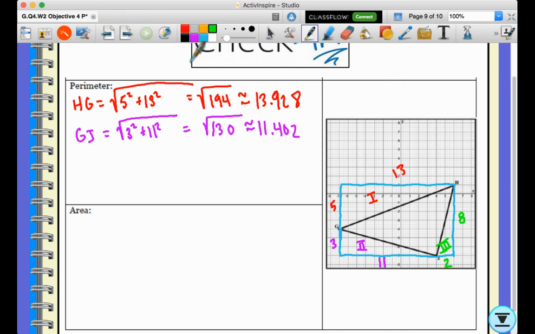And then my last side of my triangle is HJ, yes. And that is the square root of 8 squared plus 2 squared. 64 plus 4, it's the square root of 68, which is approximately 8.246. Scalene triangle. All 3 sides are different.